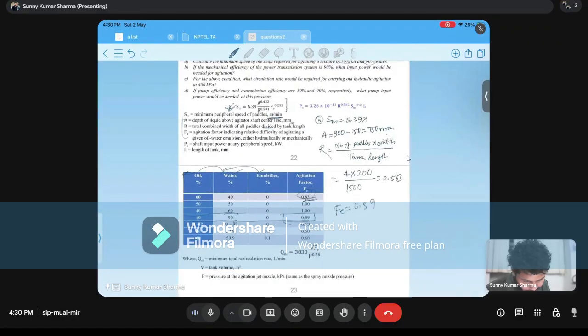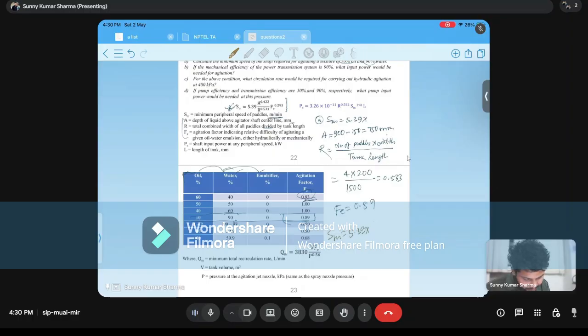So Sm will become, Sm is equal to 5.39 into A, that is 750.